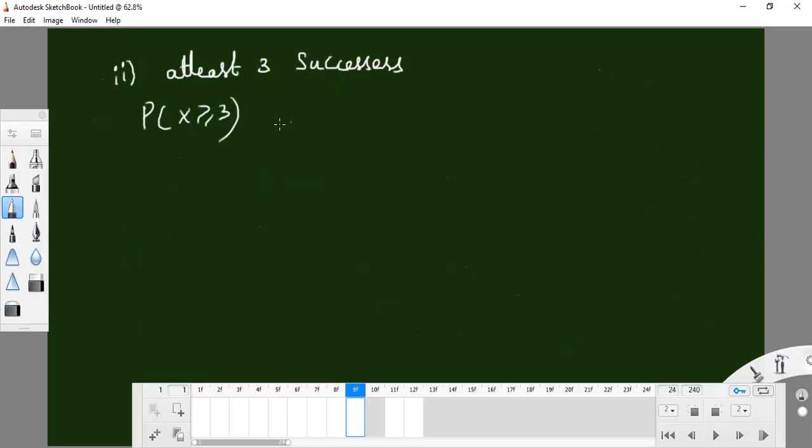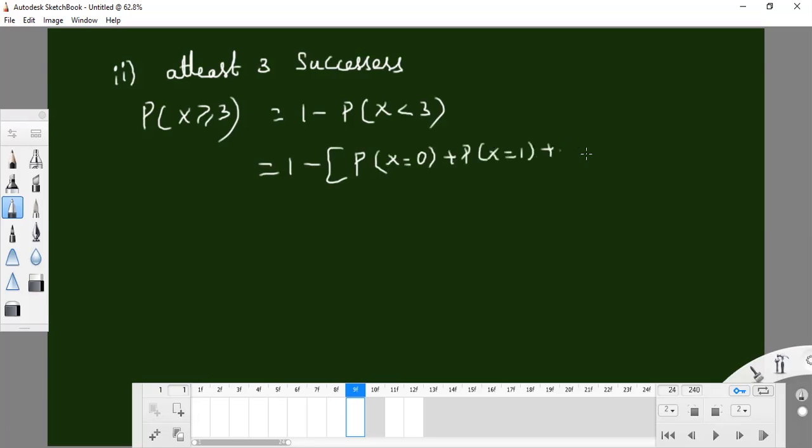Either you can choose 3, 4, 5 because n equal to 5, or you will move on to 1 minus P of x less than 3. So 1 minus P of x equal to 0 plus P of x equal to 1 plus P of x equal to 2.